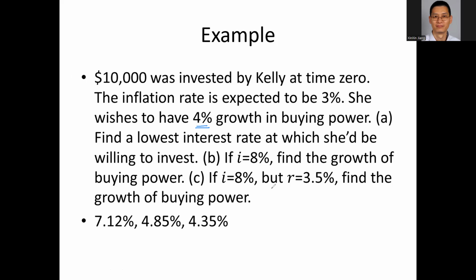So I have 1 plus j equals 1 plus i over 1 plus r, and j is what she expected. I don't know what i is, we need to look for it, and the inflation rate is 0.03. So i equals 1.04 times 1.03 minus 1.